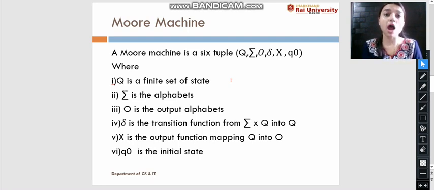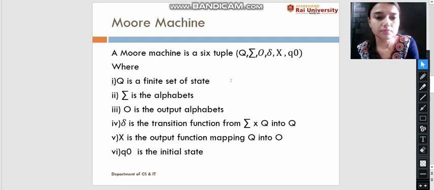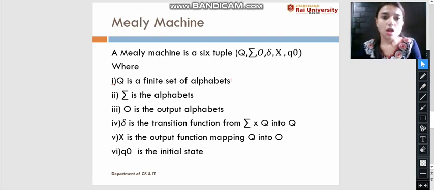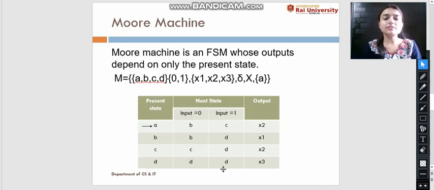Here we have an output function, transition function, initial state, input alphabet and the set of states.